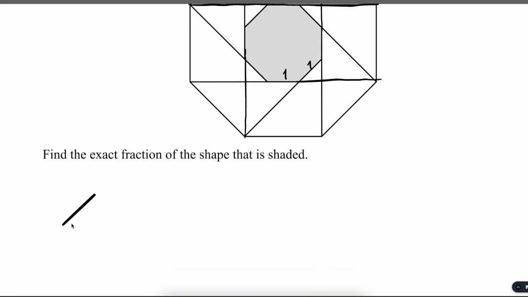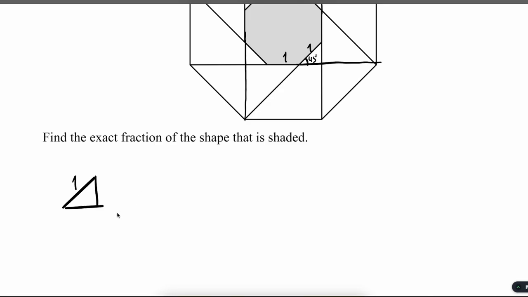So if we've got a triangle in here, this little white triangle, where you've got 1 on the hypotenuse, and we know this is 45 degrees, we can use our exact trig values to find the other two sides. That's going to be cos 45, and this is going to be, well, the other way around. This is going to be sine 45, and this is going to be cosine 45. And both of those are root 2 over 2.